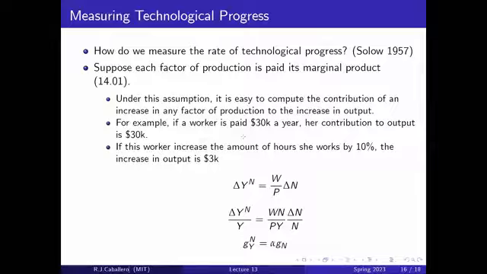That's called the labor share. It's the wage bill, W times N, divided by total revenue, sales, times the rate of growth of population or workers. It's the same here. So I'm going to call this GYN. It's the rate of growth of output due to the rate of growth in population is equal to this labor share, which I'm going to call alpha, times GN.